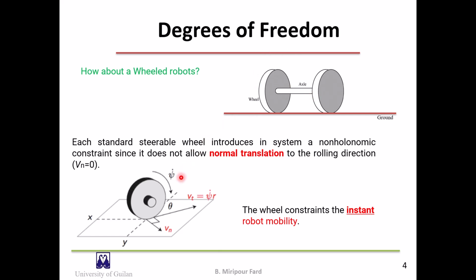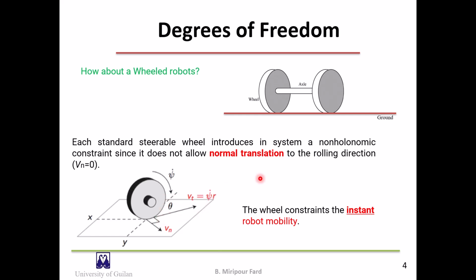If you consider a standard wheel in plane rolling without slipping at an angular velocity psi dot, the velocity of the center of the wheel will be psi dot times r, where r is the radius of the wheel. This velocity is in the longitudinal direction and is located in the plane of the wheel.